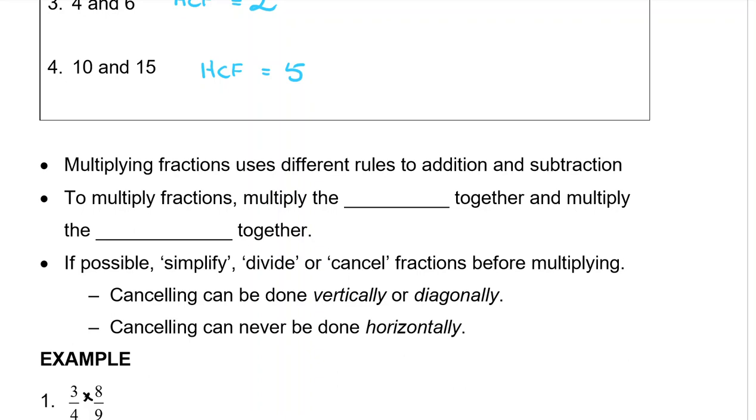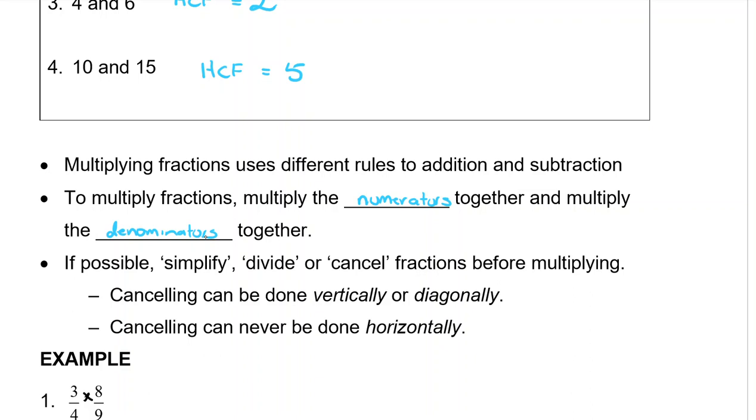So, to multiply fractions, multiply the numerators together and multiply the denominators together. That's the main gist. That's the main thing you do. Multiply the tops and multiply the bottoms.